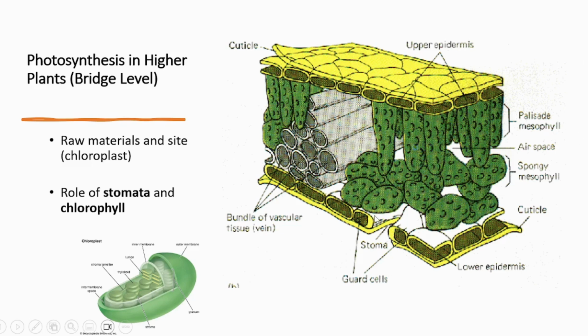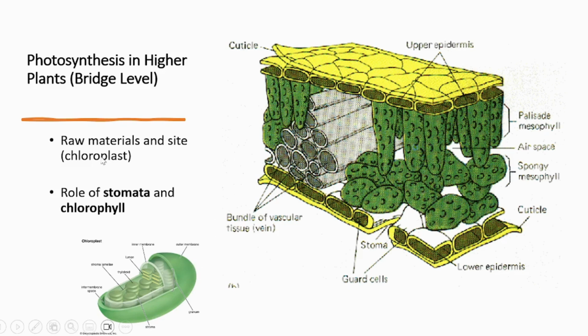One among such organelles is called chloroplast. I've drawn it here. We will be learning the structure of chloroplast in detail in grade 11 later. Inside the chloroplast, you have chlorophyll pigment, and this chlorophyll pigment is what helps in absorbing the energy of the sun.